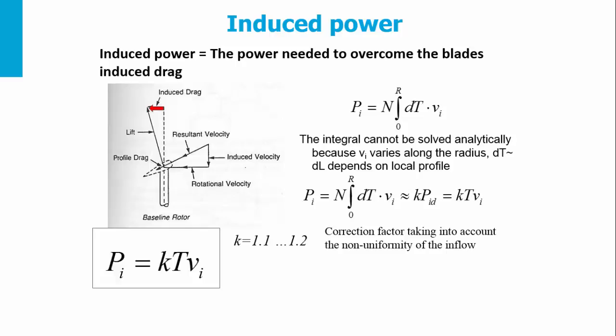Usually we approximate this power as a correction factor K multiplied by the ideal power. So the induced power final expression is kTv_i, with k a correction factor between 1.1 and 1.2.